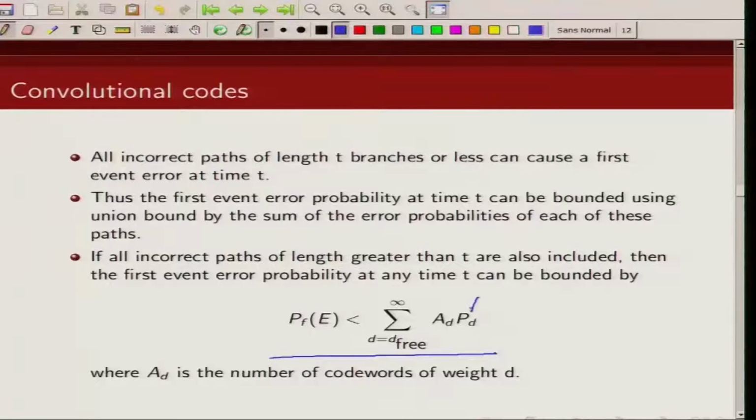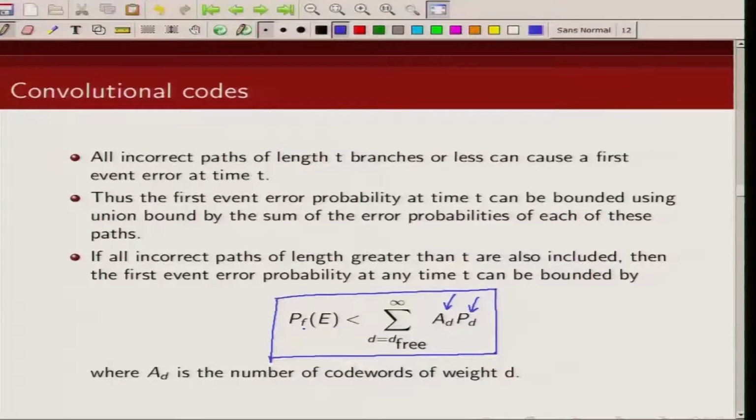So, this is the probability of first event error of weight d, and how many such weight d paths exist is given by this, and you sum over d, which goes from the free distance of the convolutional code to infinity. So, this will give you an upper bound on the first error event probability.